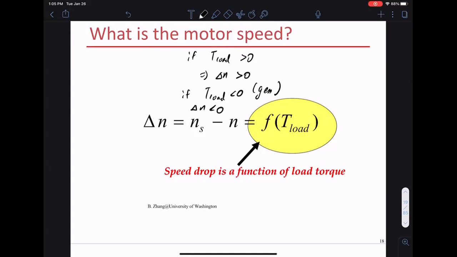So it's possible to run slightly faster than synchronous speed, because you're generating power. You generate power if you're faster than synchronous speed. Any questions so far about this?